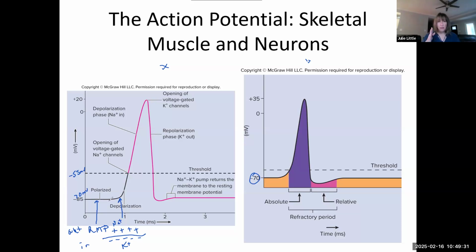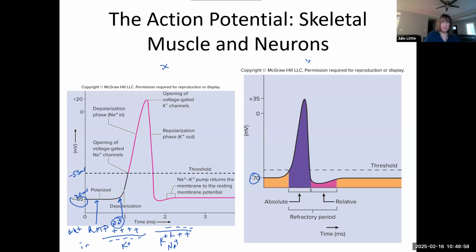But what happens when you get a stimulus, and the stimulus would occur right here, sodium gates are going to open. We have those fast voltage-regulated sodium gates. They open first. And when they open, because we have more sodium on the outside of the cell, in this depolarization phase, the potassium's on the inside and the sodium comes into the cell. So that flip-flops the charges and we're depolarizing the membrane, meaning we're going away from negative.